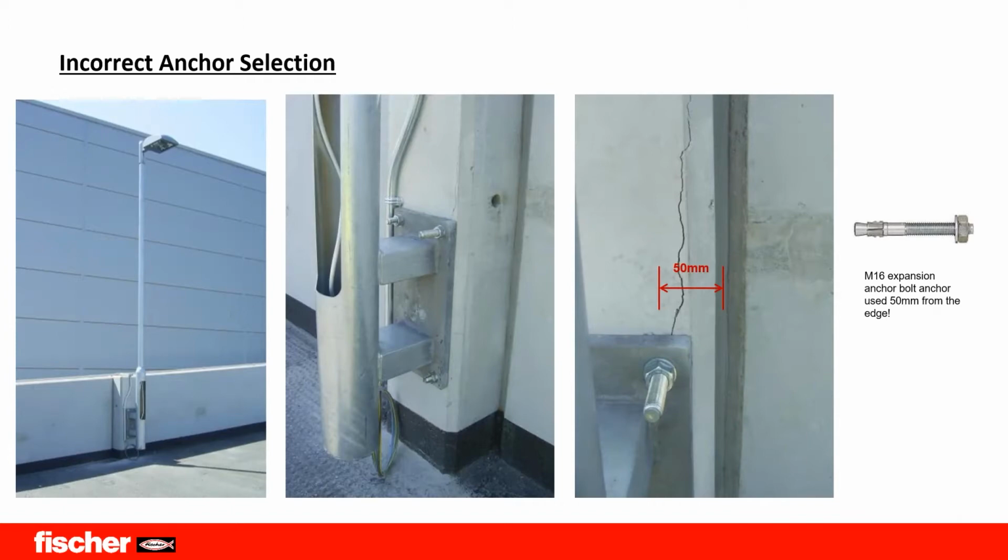So for this particular case, what would you recommend? For this, yes, this problem was solved by using our high performance anchor, which is called FHB2 M16. Keeping the same diameter, you only change the anchor from mechanical to chemical.